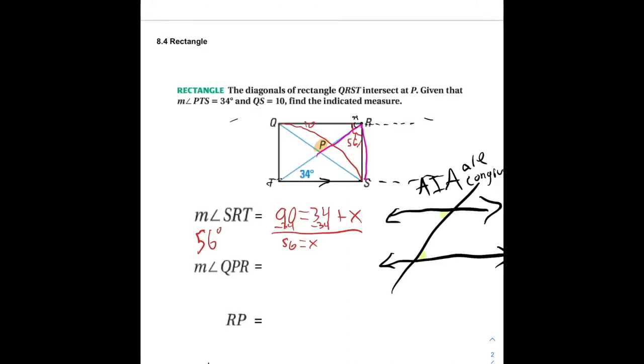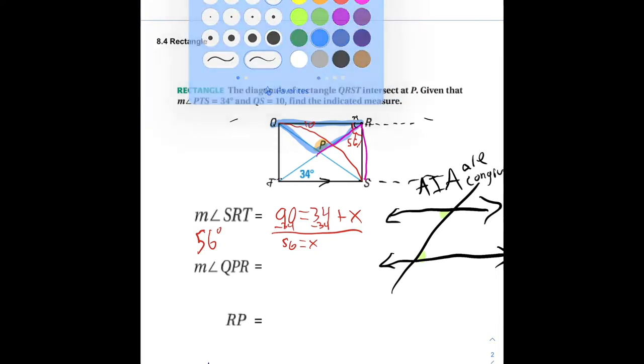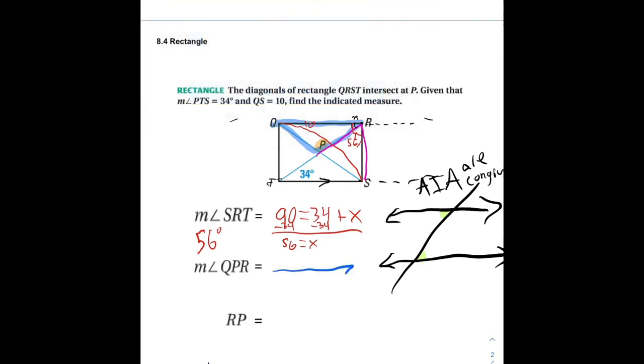There's a few ways to go about getting the measure of angle QPR. One of my biggest recommendations is to pull out these triangles and work on them separately. So I'm going to pull this triangle out and draw it over here, and fill in what I know.